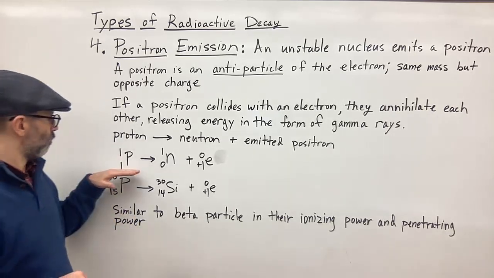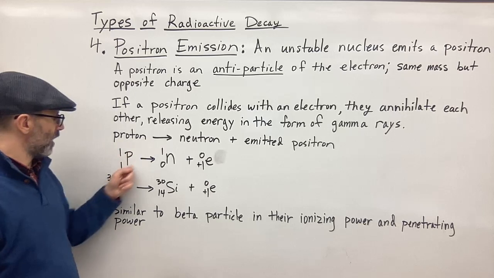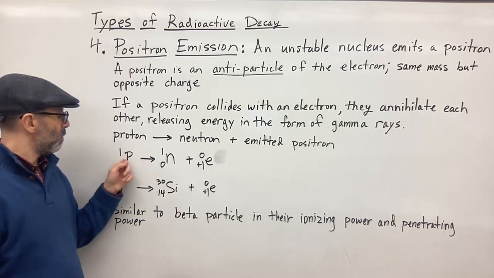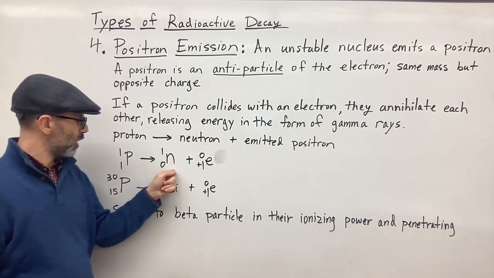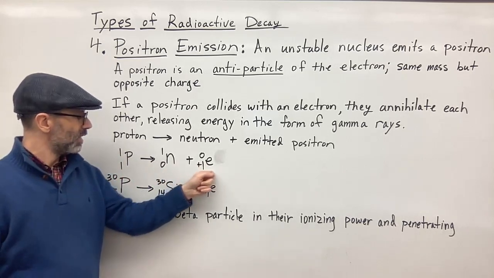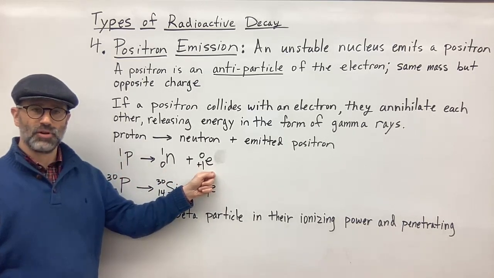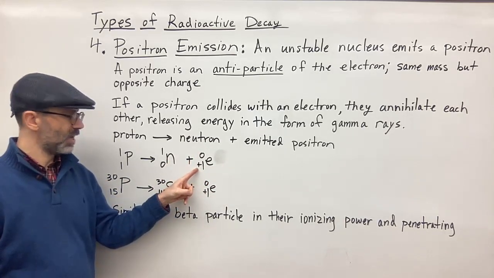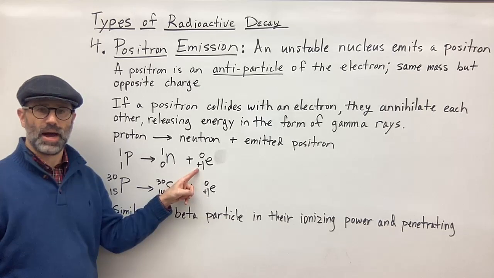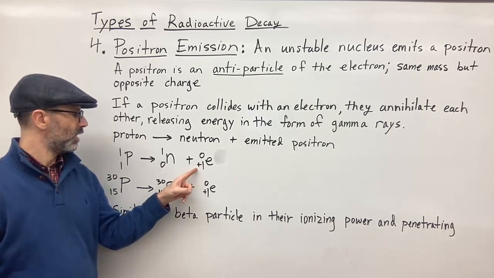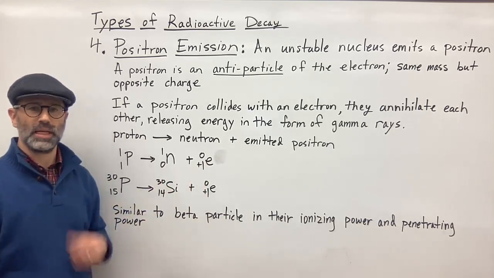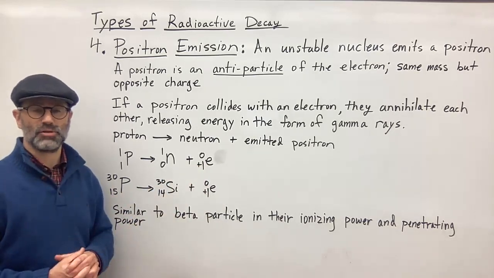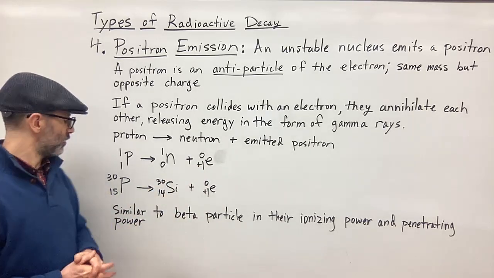So here is the formula. We have our proton in the nucleus. That's going to break apart into a neutron and release the emitted positron here. And so here's the symbol of the positron. Instead of having a -1 on the bottom, we have a +1 on the bottom, and we still have the symbol e there. That lets us know that it's the same as an electron, but it has a positive charge.